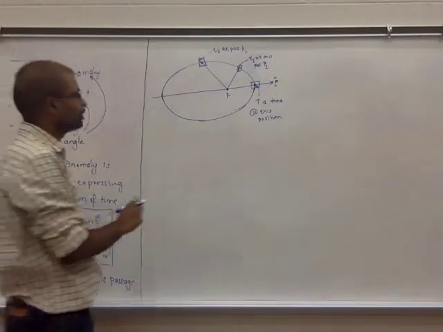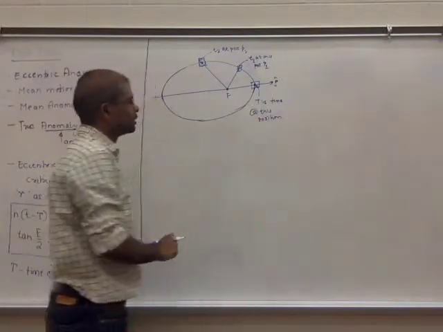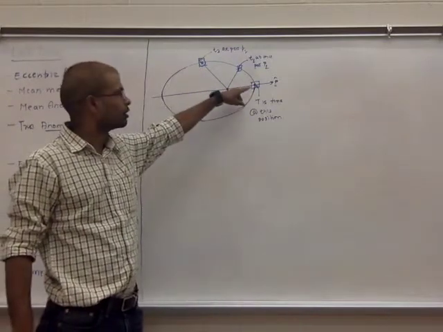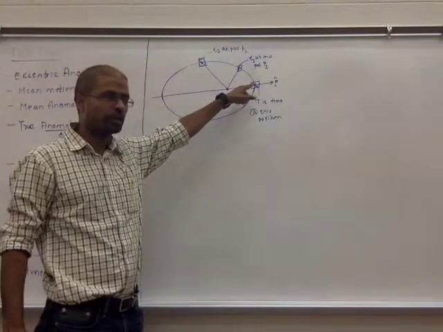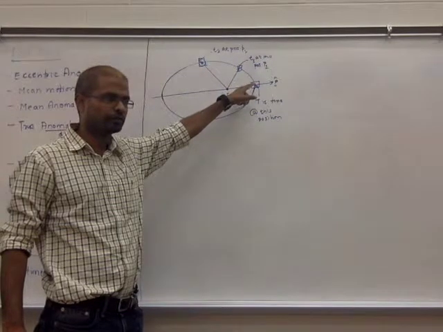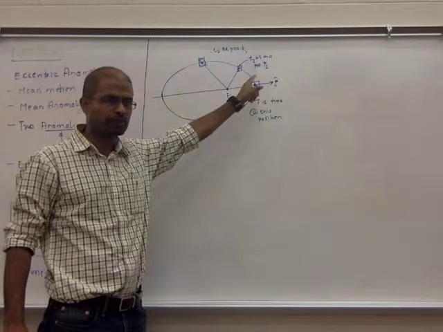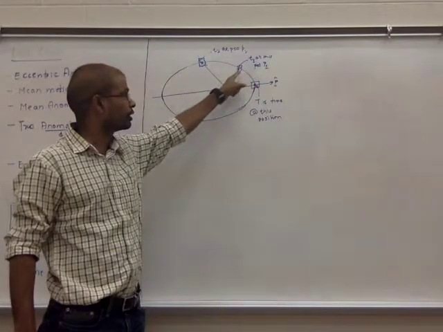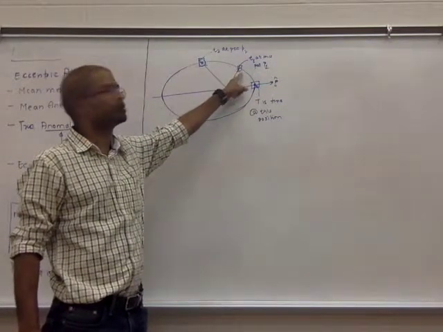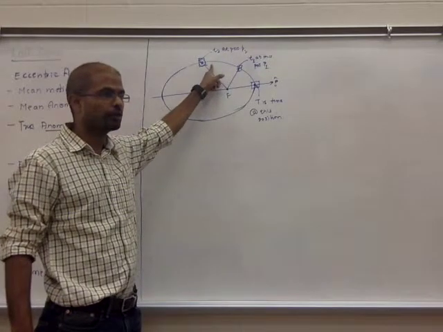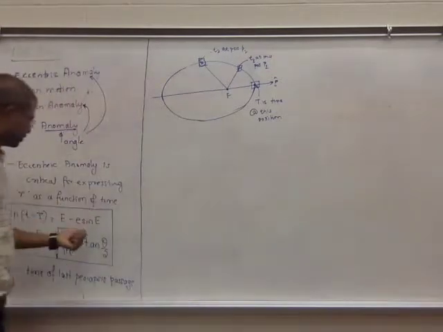This time T, you note down the time when it crosses the finish line or the start line. This is like a start point. Since it's the periapsis, that's where it starts. So if you know the time at this position, then you can figure out this E.